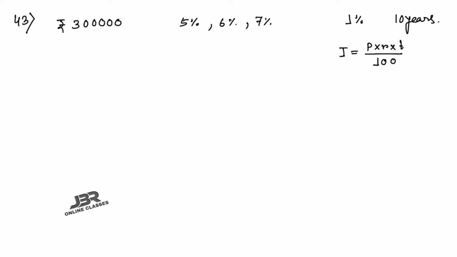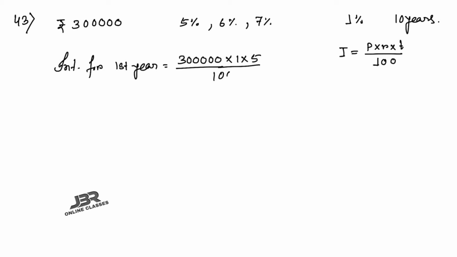So interest for the first year equals here 3 lakh into 1 into 5 divided by 100. Okay, so that one equals here 15,000.